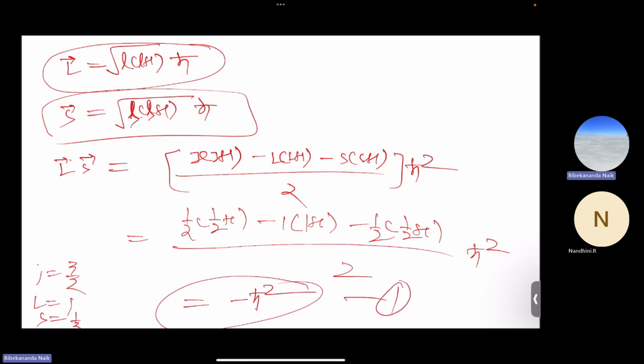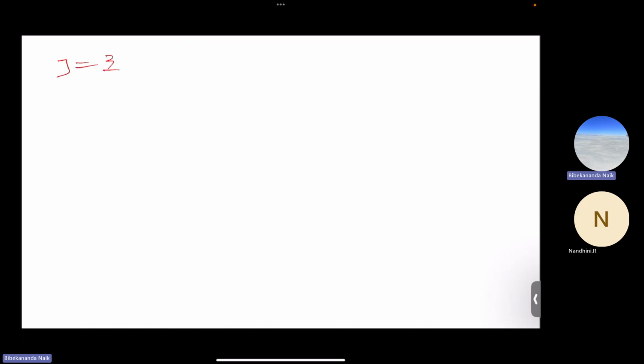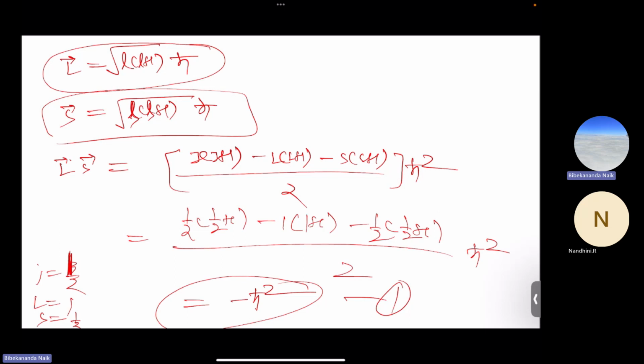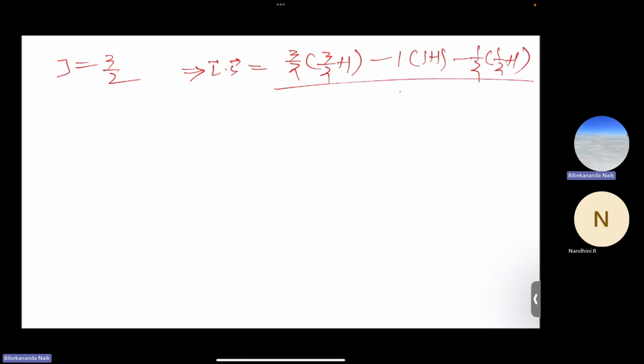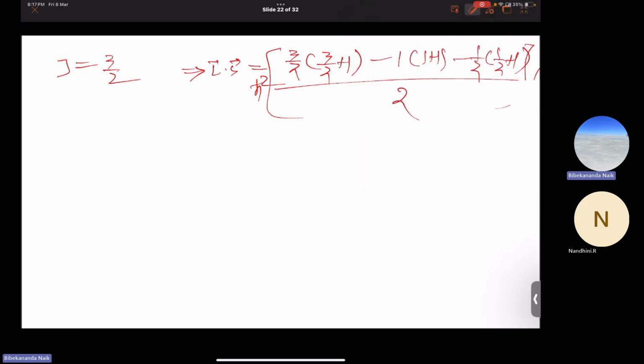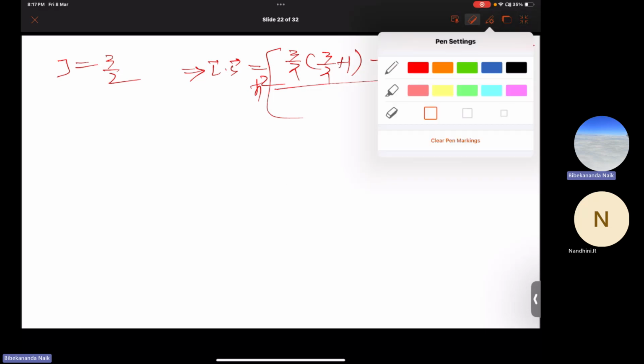This is one value, for J equals 1/2. Then for J equals 3/2, L dot S will be 3/2 into 3/2 plus 1 minus 1 into 1 plus 1 minus 1/2 into 1/2 plus 1, divided by 2, times ħ².